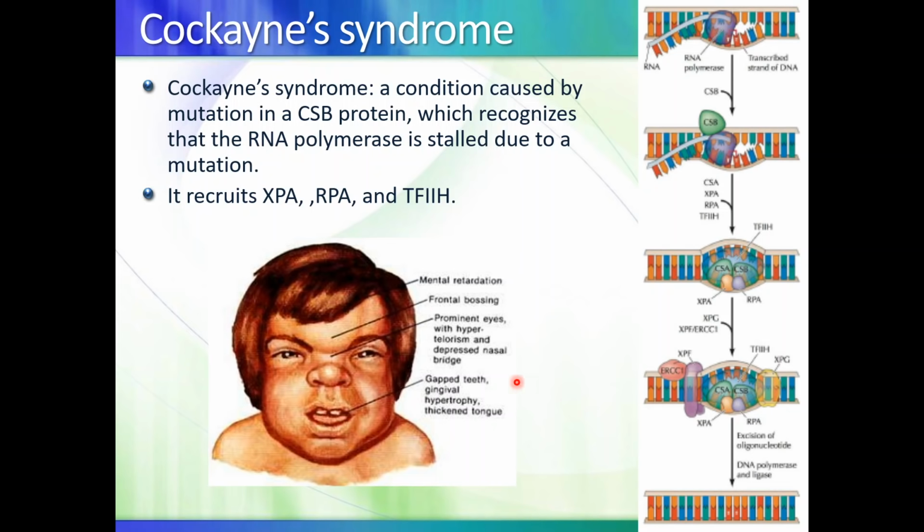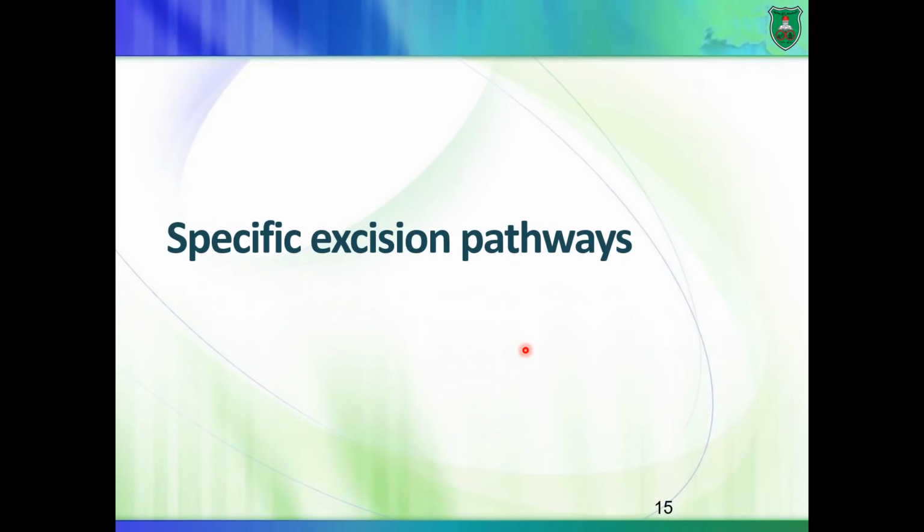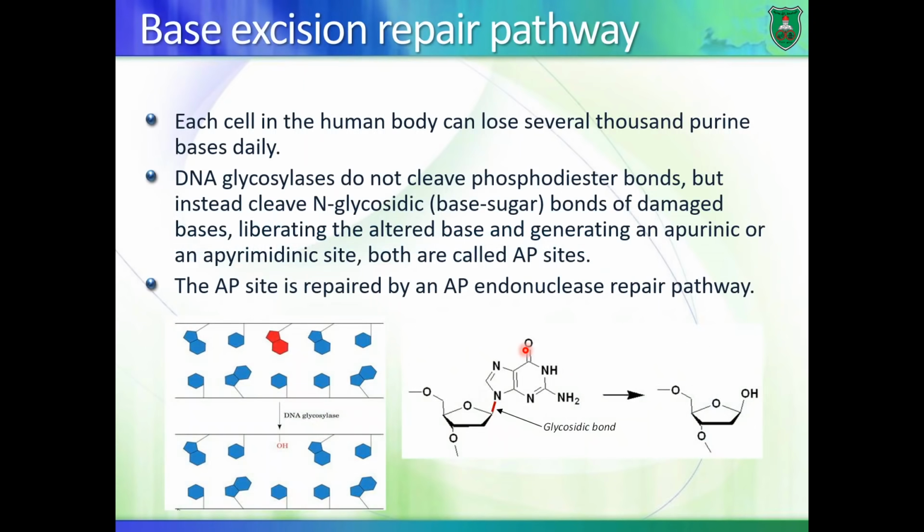So people with Cockayne syndrome have a number of features, including mental retardation. Anyhow, extra information. Okay. So this is the first excision pathway. We do have specific excision pathways as well.